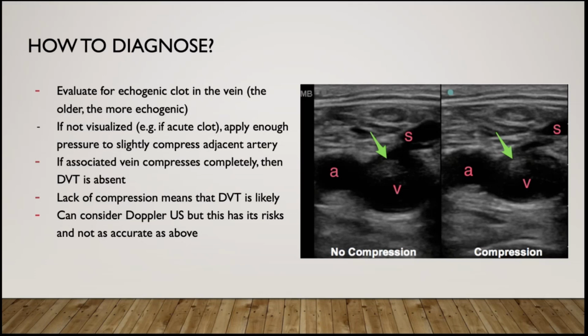However, there's a risk in that if you cause disruption of that area or irritate the area of the thrombus, you might cause dislodging, and that could lead to a PE, which of course would not be something that you would want to do. So ideally, probably just rely on the echogenic structures within the lumen and the compressibility of the vein. Unless you really, really think there's a DVT and you're not seeing any evidence, maybe you can consider doing Doppler.